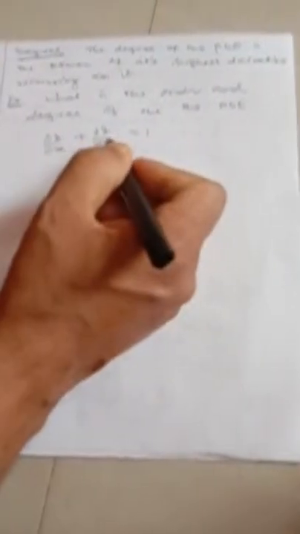So dou z by dou x, dou z by dou y, in both the terms we are differentiating z with respect to x only one time, and with respect to y only one time. So highest order is 1, and you see in both the terms the degree is 1. So here we can say order is equal to 1 and degree is also 1.